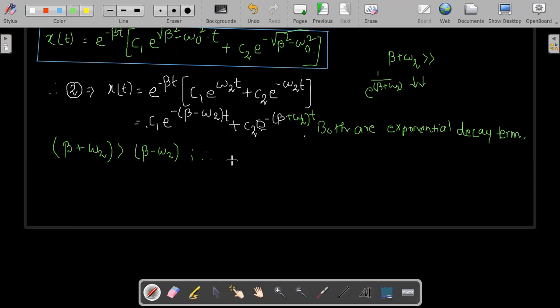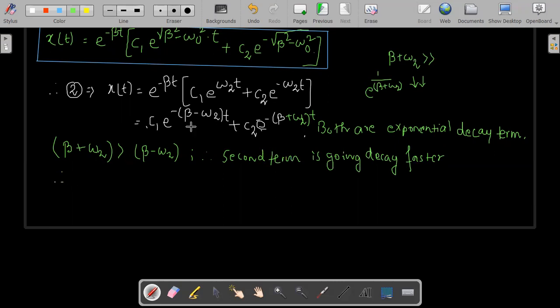You can do the math, right? So the conclusion would be the second term is going to decay faster. That means the second term is going to approach zero. So the influential term would be the first term, because the second term goes to zero for a larger time, when beta plus omega 2 is larger compared to beta minus omega 2.